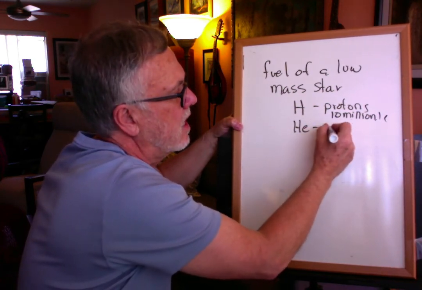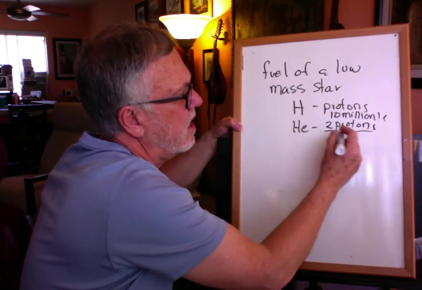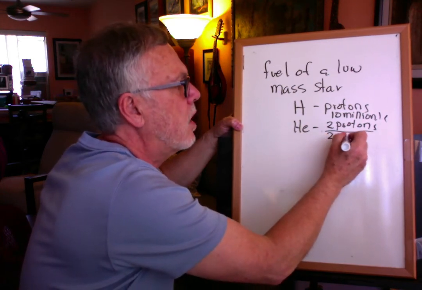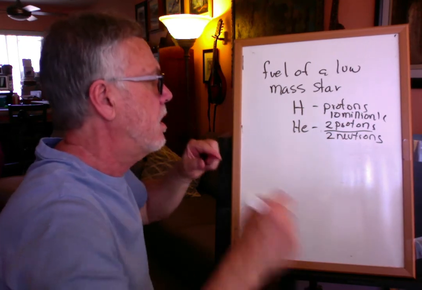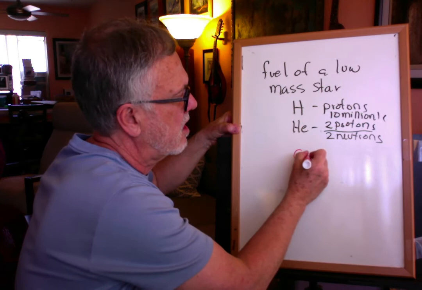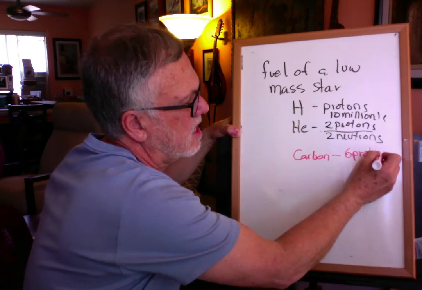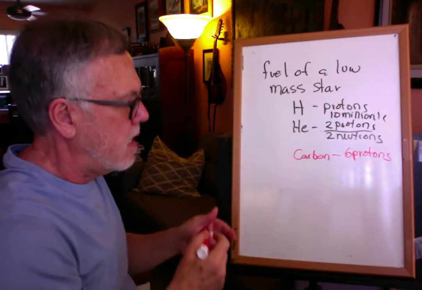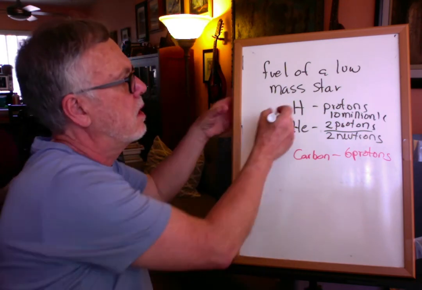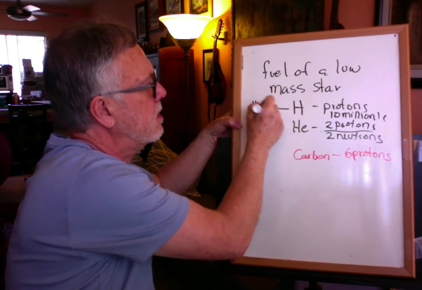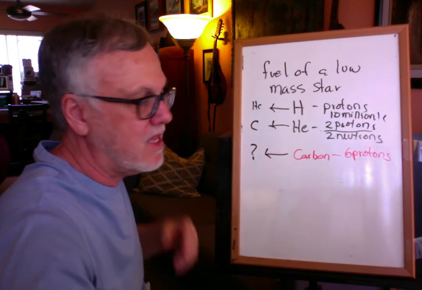Helium has 2 protons and 2 neutrons. And then we tried to get carbon, and that has 6 protons. And each one of these produced a new fuel. So this produced helium, this produced carbon, and we never saw what that produced because it didn't happen.